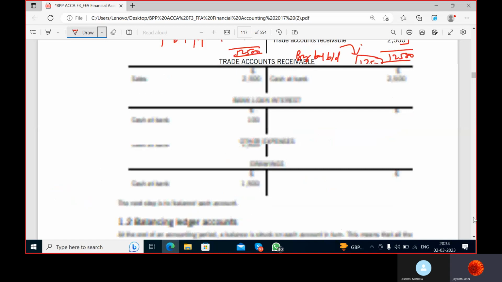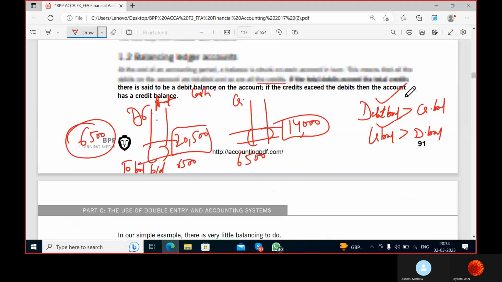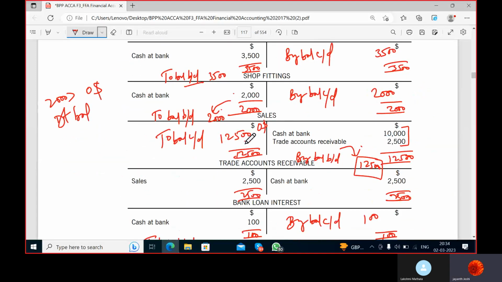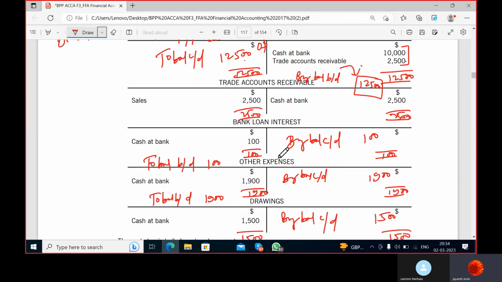Again, we will see what the next ones are. Sales, like we have the brought down, we have the credit total more than the debit total, so credit balance. So 12,500 credit, and accounts receivable got tallied, so no need to post. And bank loan interest is debit, since debit is more than credit, so debit balance.